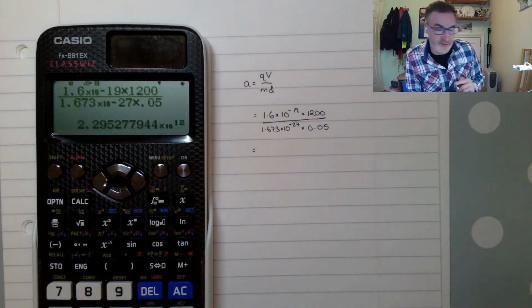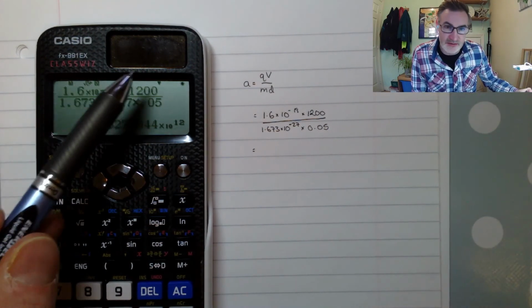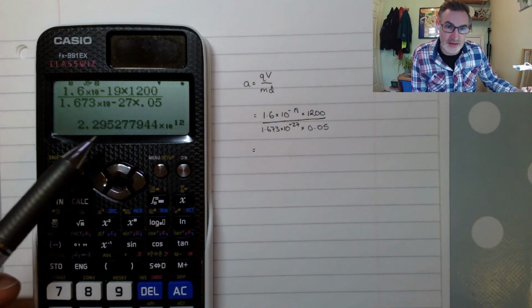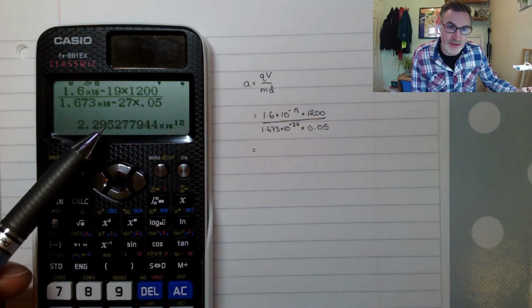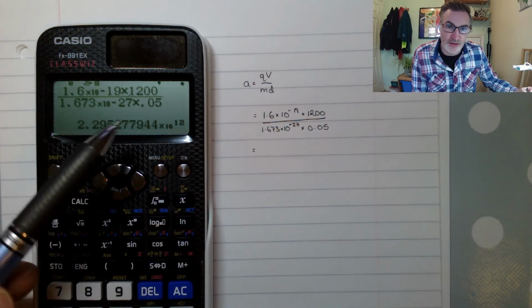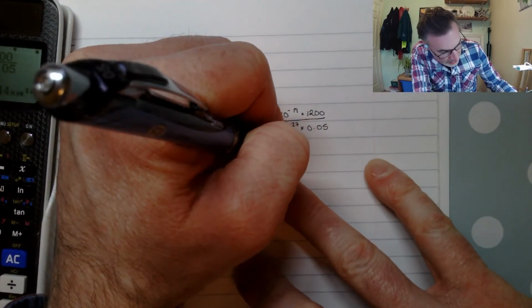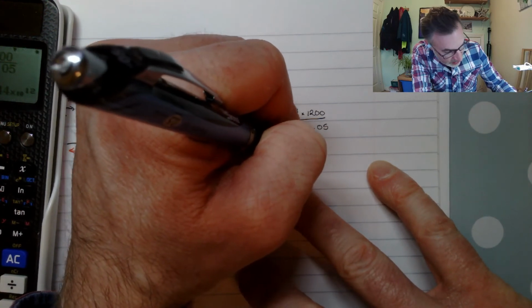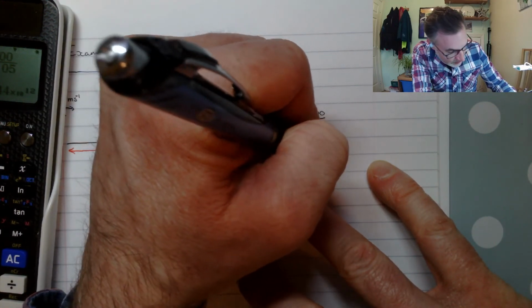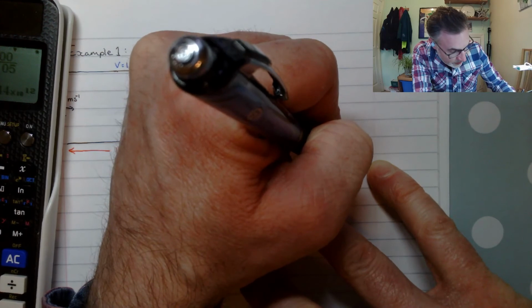Again, the amazing power of TV has given me this, and we get 2.295, so 2.3 times 10 to the power of 12. That's a huge acceleration, 2.3 times 10 to the power of 12 meters per second squared.